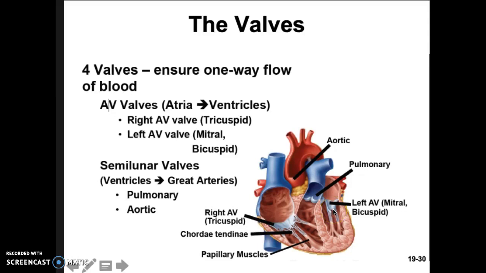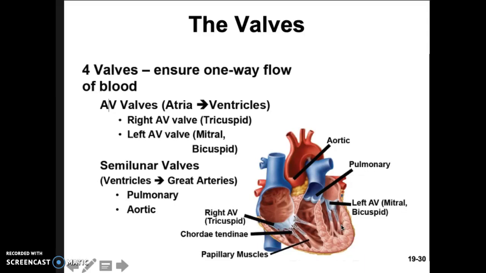On the left side, we have the bicuspid valve, which has two cusps attached via chorda tendineae to the papillary muscles in the left ventricle.